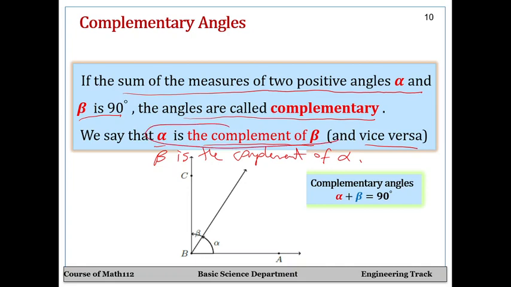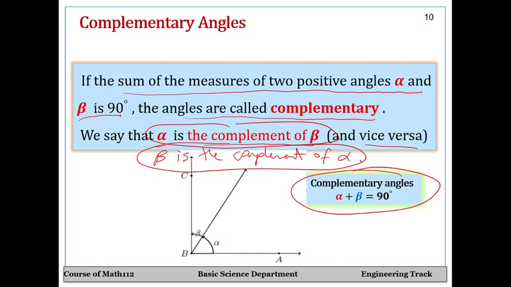So you can say that, and you can say that. Complementary angles means their sum will be equal to 90 degrees. So as you see, alpha plus beta equals 90 degrees. So they are complements of each other.